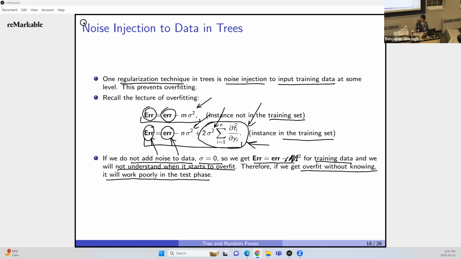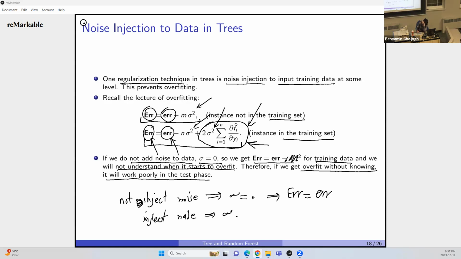But what if, sorry, not inject noise. Sigma is 0. The actual error is this, right? We never find out that we overfitted. But when I inject noise, sigma is not 0, right?